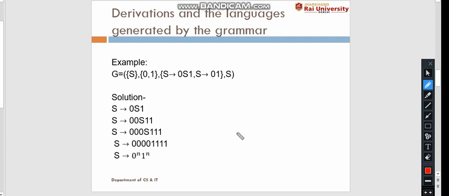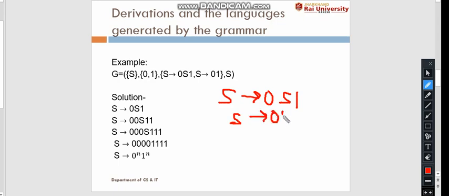So first of all, whenever we have to derive the language, we start with the starting symbol. So here we have a starting symbol S. Now S produces two things here, 0S1 and S produces 01.